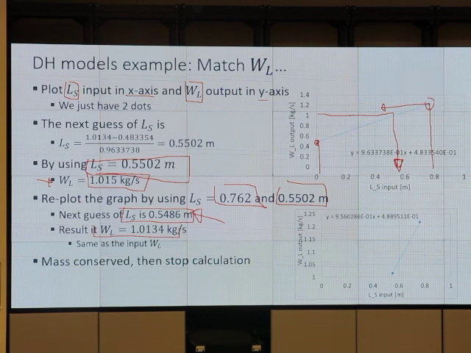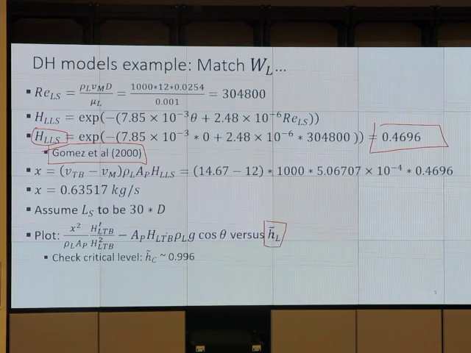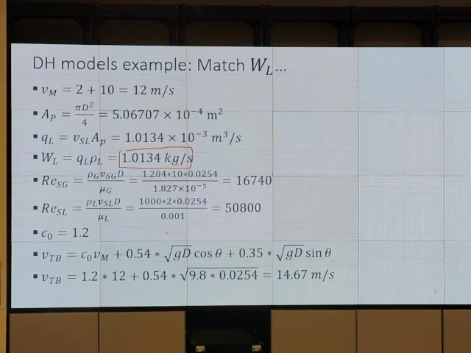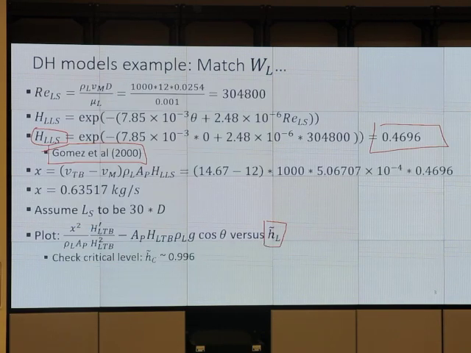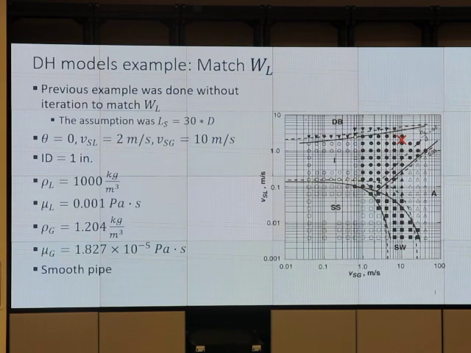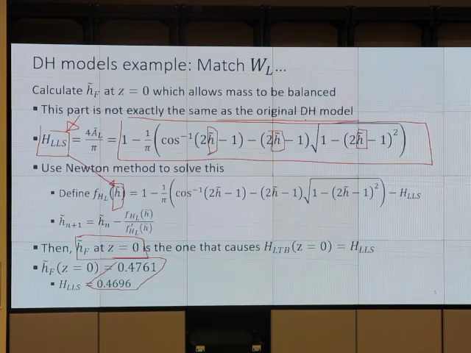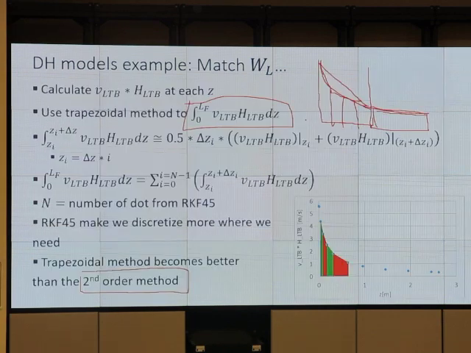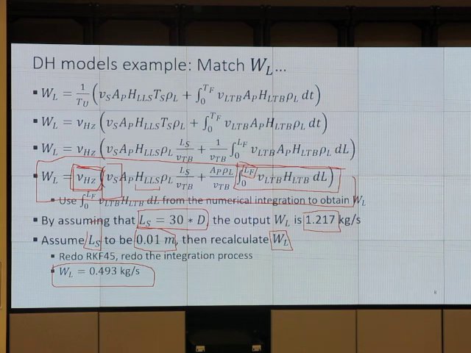So this means we trust this formula, but we don't trust this formula, 30 diameters. Anyway, we don't trust that it's 30 diameters, but we trust the slug frequency.